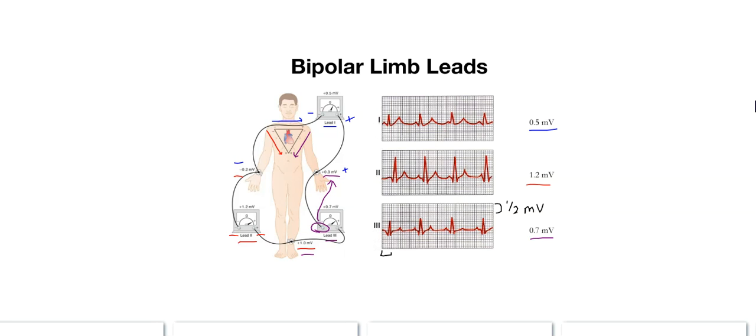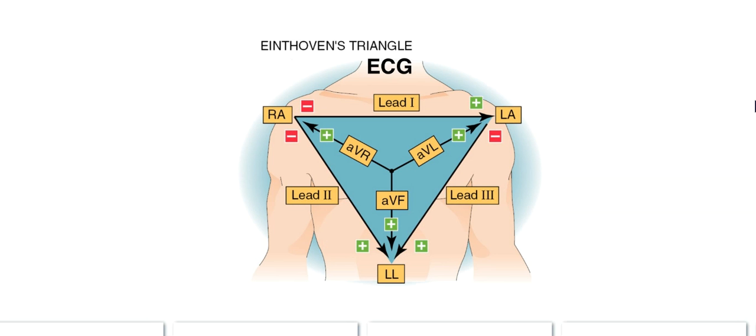So 60 degrees for lead 2, what about for lead 3? Remember, 360. So if you went 60 and you went 60 more, 120. That's actually what we're looking at here.